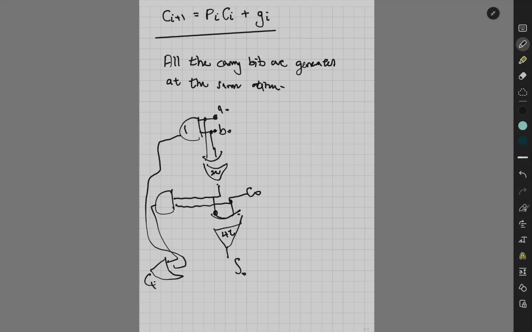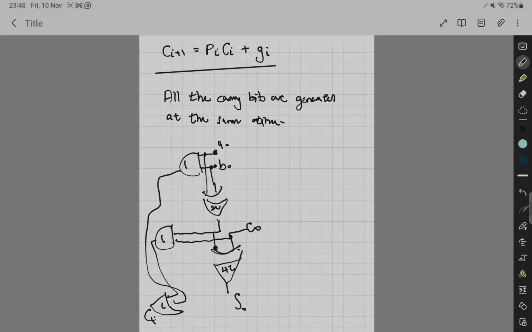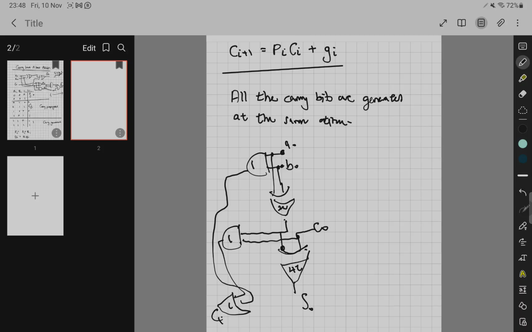So it is obvious that the ripple carry adder will ripple when the carry is propagated. So it will ripple around 2 tau.